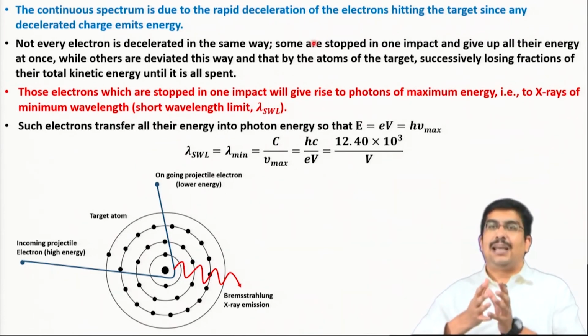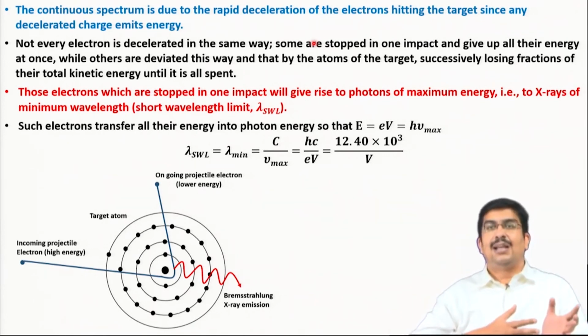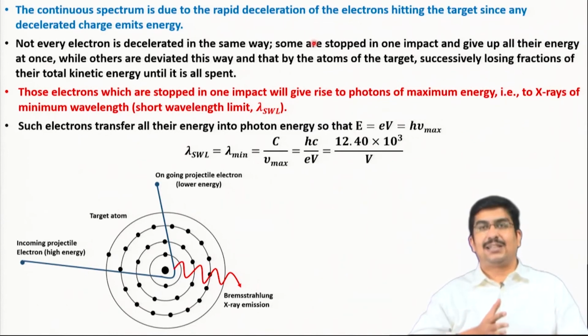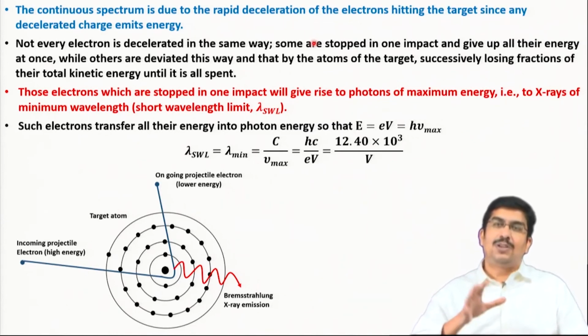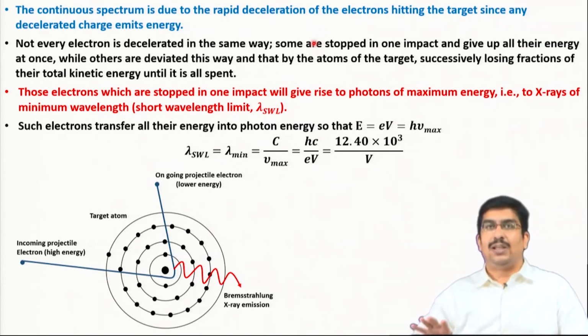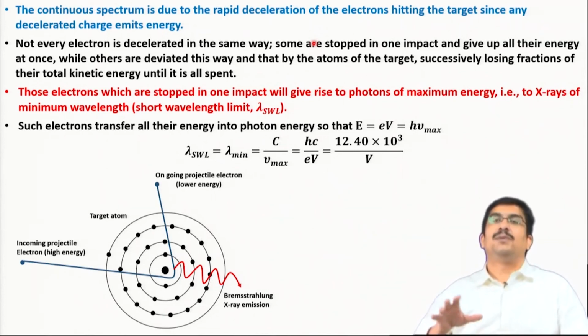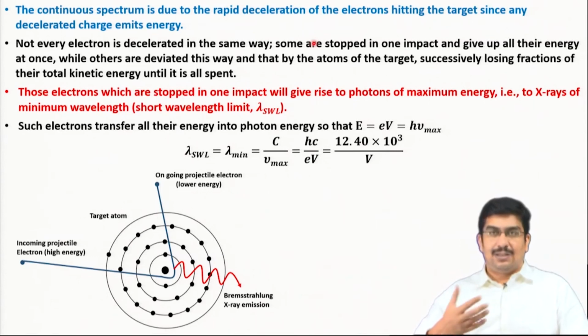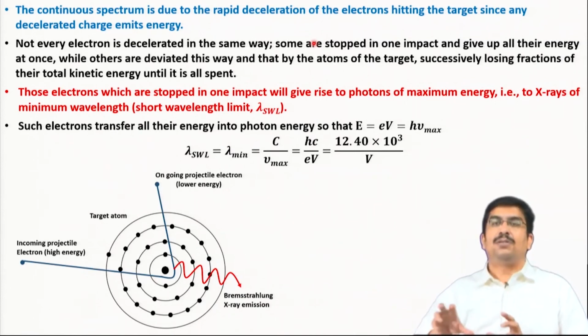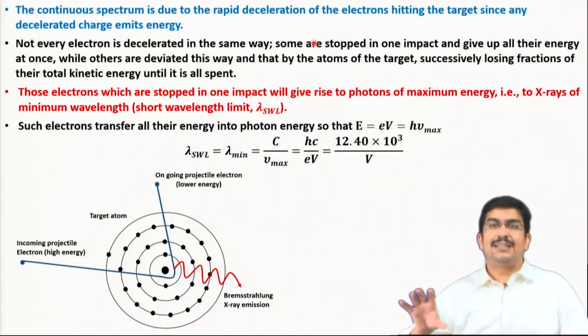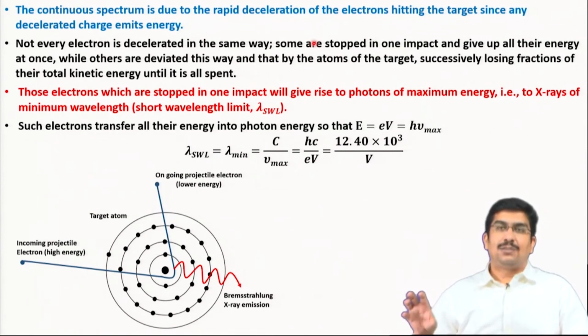It will be the kind of scattering processes that we have already studied, elastic scattering, inelastic scattering and so on. So, it will not be stopped in one impact; it will give its energy slowly, in a slow process that can be elastic scattering or inelastic scattering. But ultimately it will be stopped, and before it stops it will release its energy continuously in small steps.